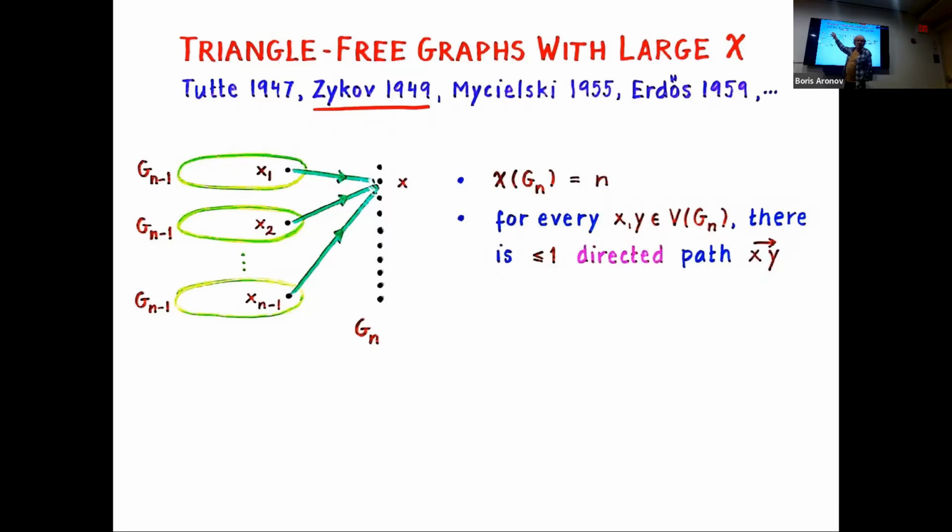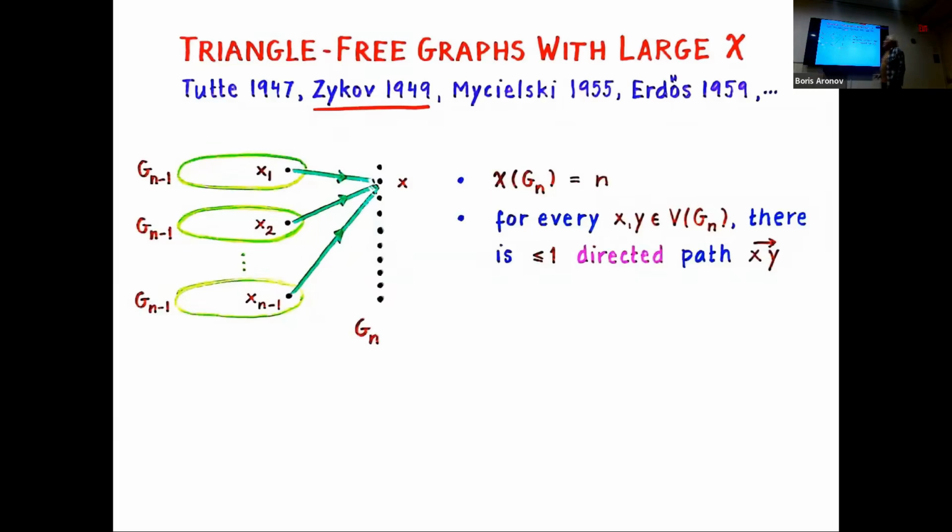Otherwise, it would be (n-2)-colorable, so the chromatic number would be n-2. Okay. So we take these n-1 copies of this graph, and we pick one vertex from each of these parts in all possible ways, and we assign a vertex which is connected to these n-1 vertices.